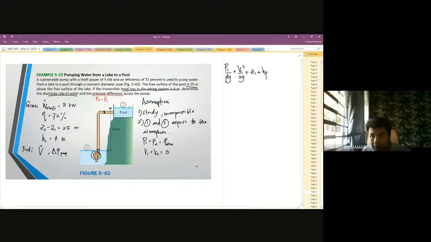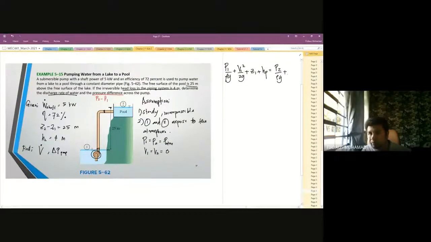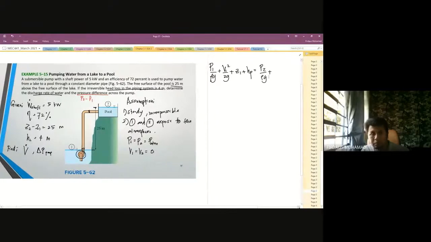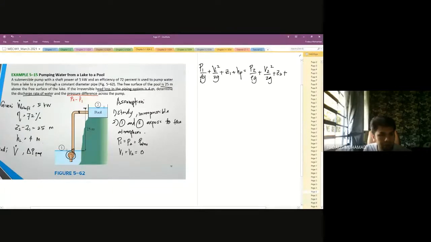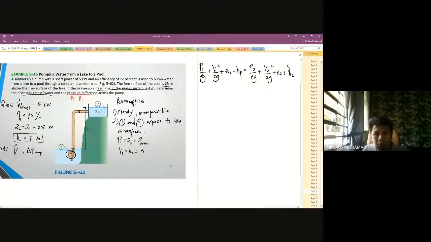Tambah HP equal to P2 over rho g plus V2 squared over 2g plus Z2 plus, kena plus apa satu lagi? Ni, head loss. Tambah HL. Okay, so saya nak explain what is head loss.